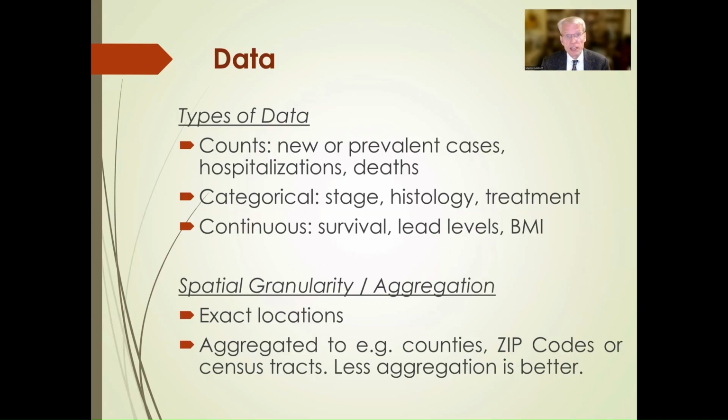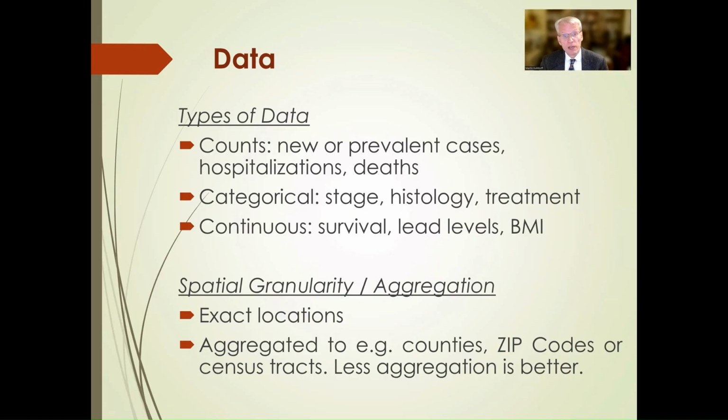We can have different types of data. It could be count data, like new or prevalent cases of a disease, hospitalizations, or mortality. It could be categorical, like cancer stage or histology, or different treatments, or it could be continuous, like survival after diagnosis, or lead levels in the blood of children, for example, or BMI.